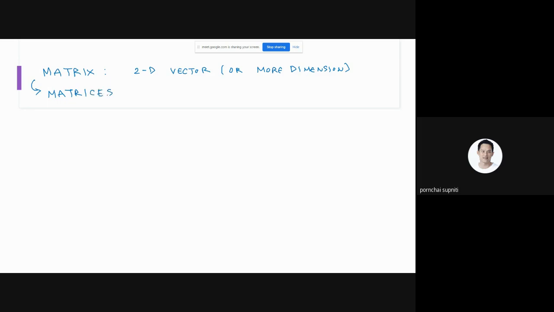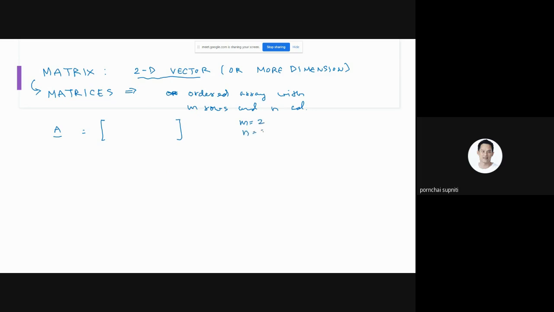So what are matrices? For the 2D version, it's just what we call an ordered array with m rows and n columns.